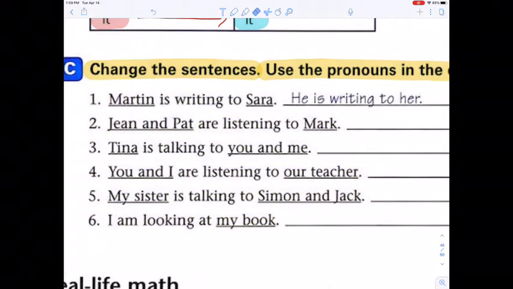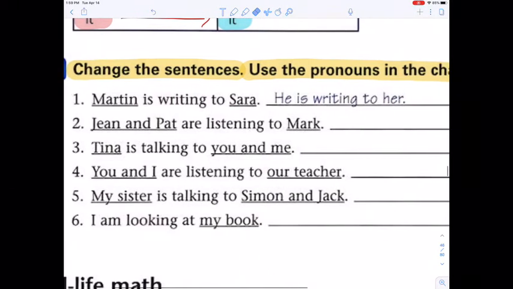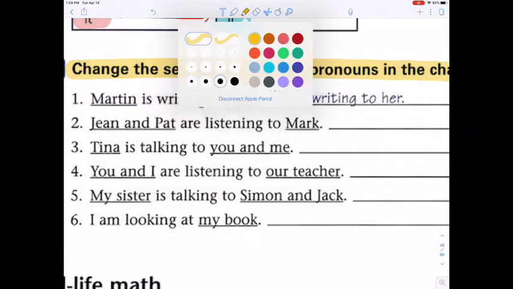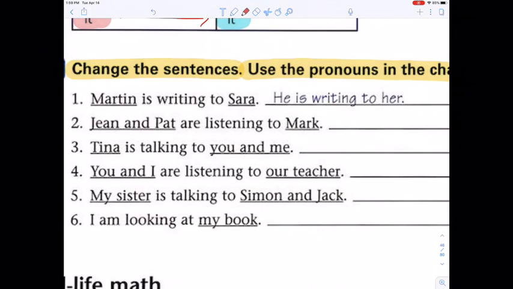Okay, so let's take a look. How should we do this? We need to change the sentences. So let's take another look back at number 1. Martin is writing to Sarah. First, where's the subject?